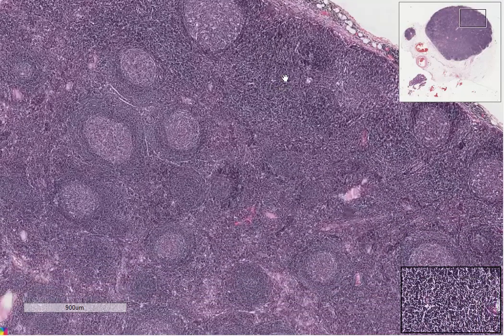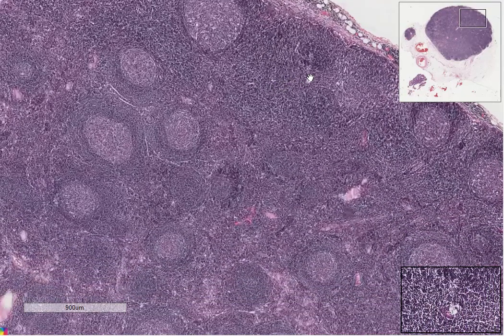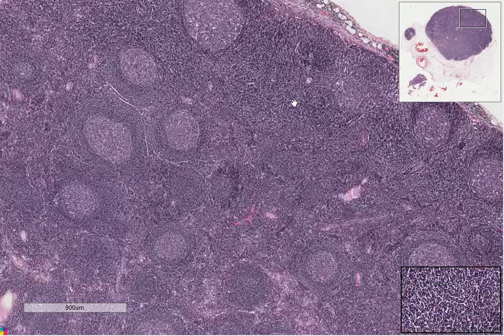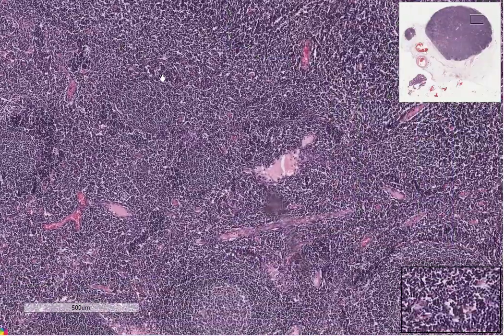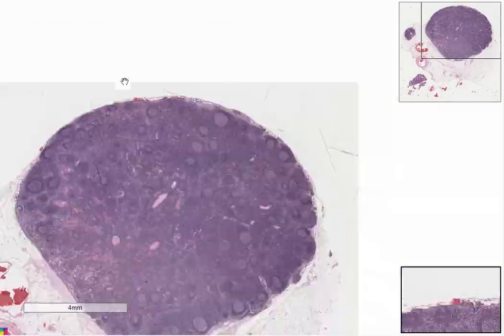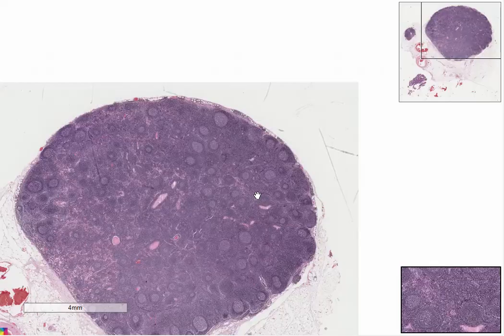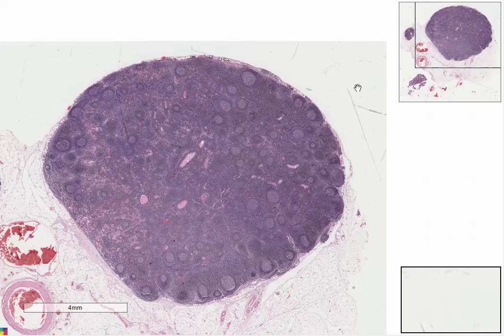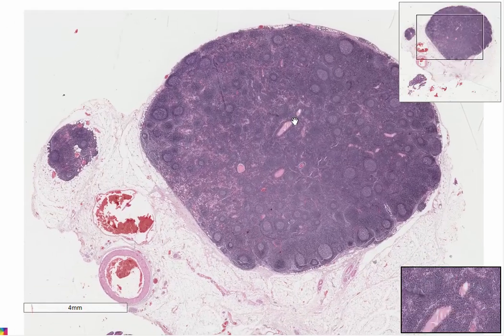And we also have interdigitating histiocytes, interdigitating dendritic cells that are usually S100 positive. And remember, this whole architecture is supported by reticulin fibers.